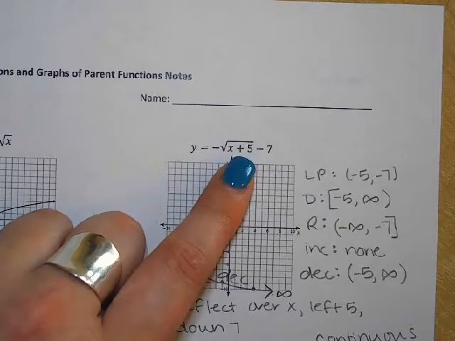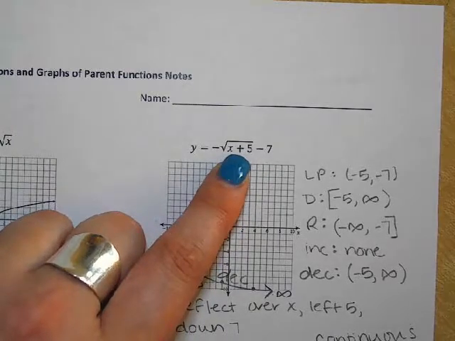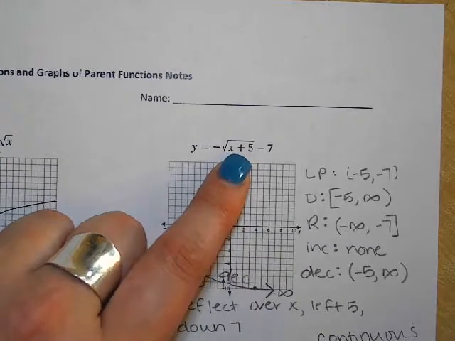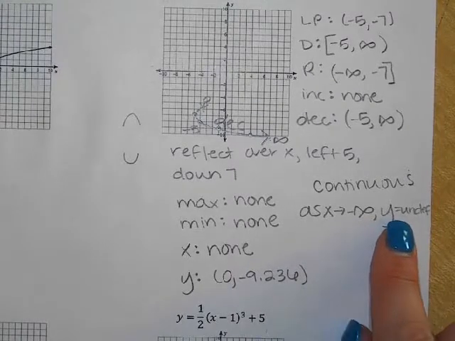It would be like negative 999,995. That would be a very big negative number underneath the square root. And what happens when we square root negative numbers? They're imaginary. We get an error message, right? Okay. So we're going to say as x goes left forever, the y value is undefined. You plug it in, you get the square root of a big negative number, and you can't do that.